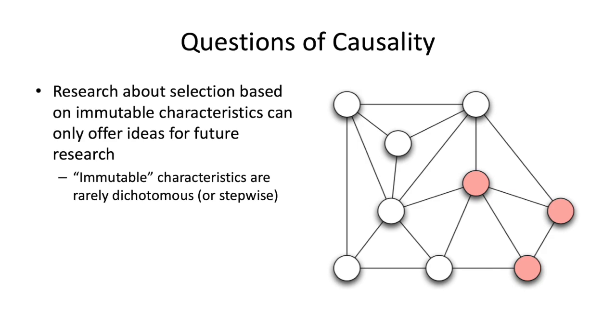I guess the next thing I want to say is a lot of times these so-called immutable characteristics are usually not dichotomous. If we say male and female, there's not exactly one type of male and exactly one type of female. That's what I mean by they're not dichotomous.